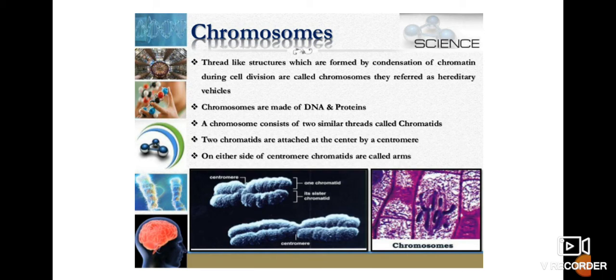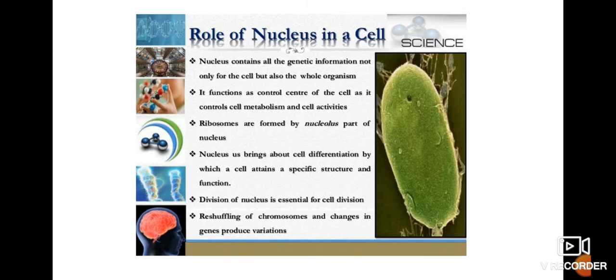Chromosomes are normally made up of DNA and proteins. Within the chromosomes, there are very small thread-like structures called chromatids. Inside the chromosome, we get the genetic material in the form of DNA, and the active segment of the DNA is called a gene.